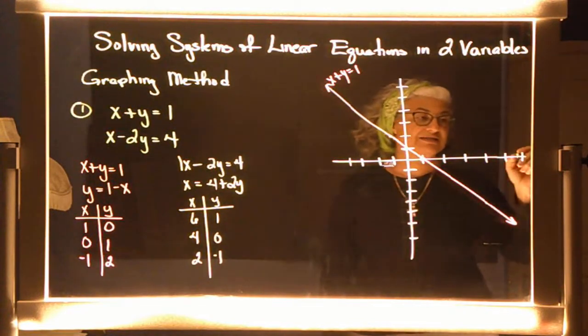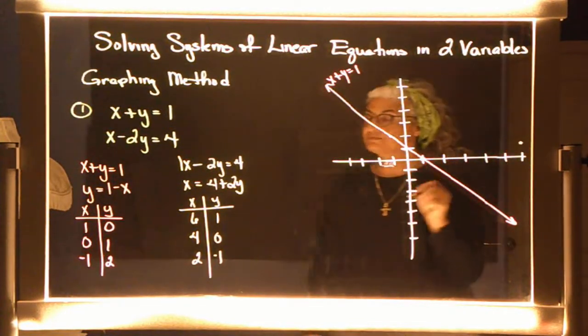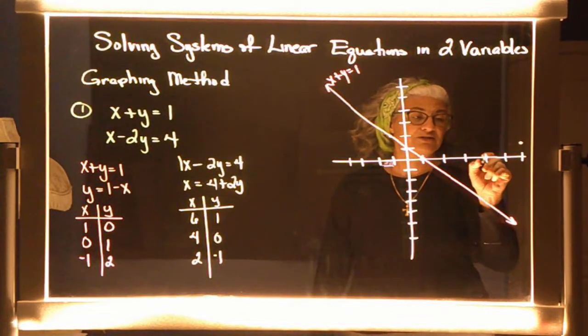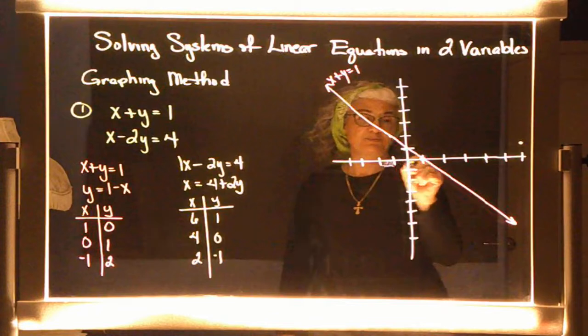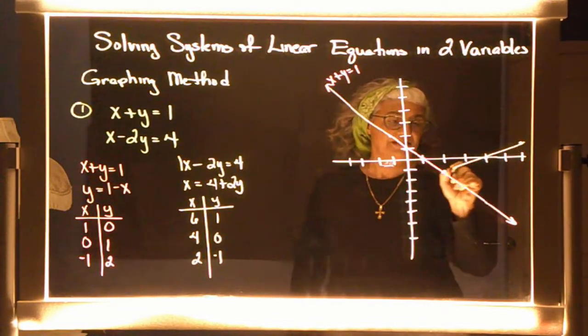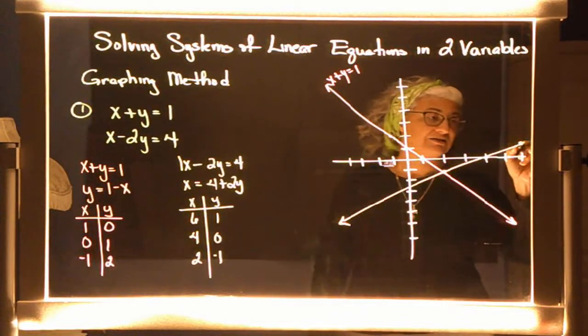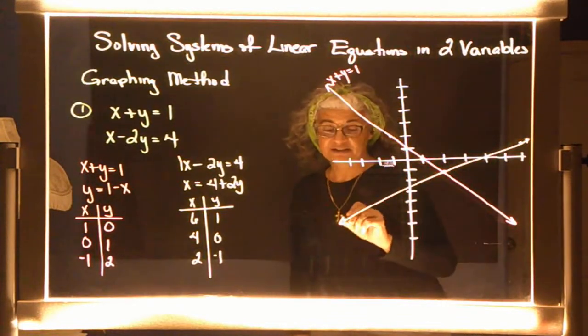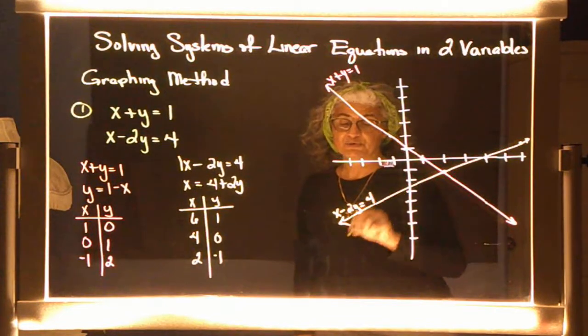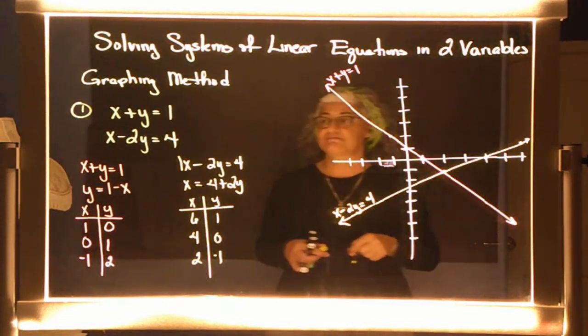So I have the point (6, 1), the point (4, 0), and the point (2, -1). And when I connect the dots, hopefully I drew as straight a line as I could. This is the line that represents this particular equation.